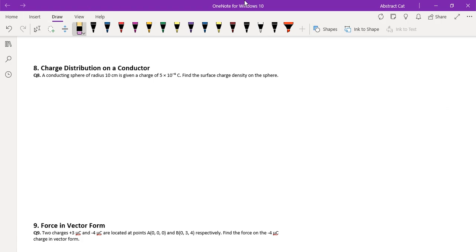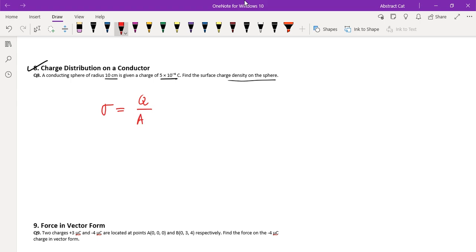Now question number 8, the charge distribution on the conductor. A conducting sphere of radius 10 centimeter is given a charge 5 into 10 to the power minus 6. Find the surface charge density on the sphere. Very easy question. That sigma is charge over area.